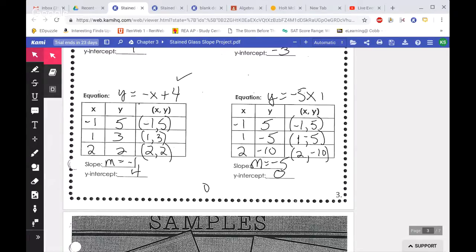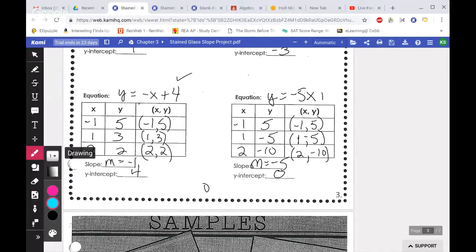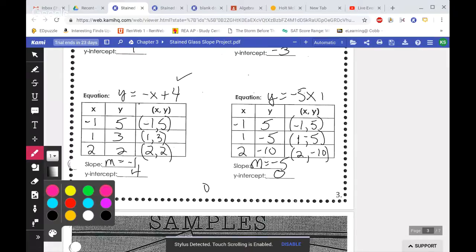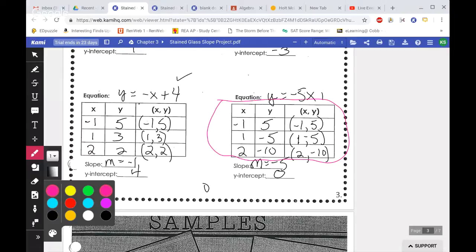All right. So we can do a number of things here because there are two ways to graph an equation. By doing these XY tables and asking what the slope and y-intercept are for each equation, we've created for ourselves two ways to do the graphing. One is to plot the individual points, the -1, 5, 1, -5, 2, -10, and connect all of those dots.